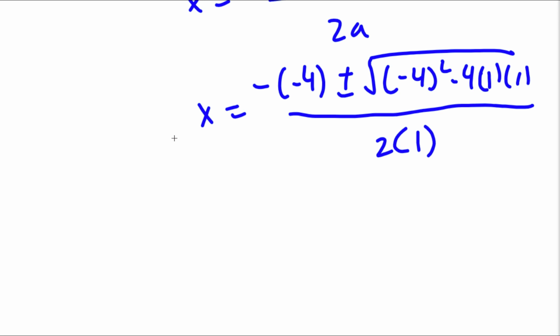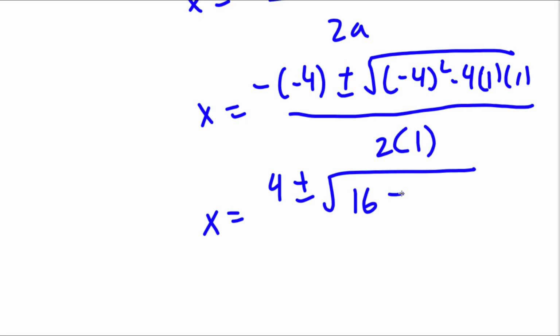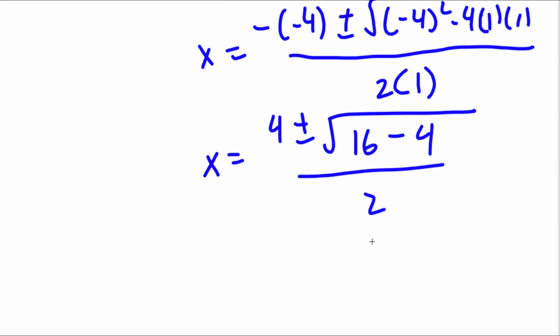Now to simplify this, I will have x is equal to positive 4 plus or minus the square root of 16 minus 4, all over 2 times 1, which is 2.